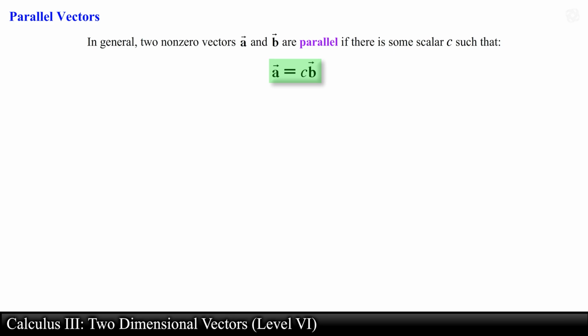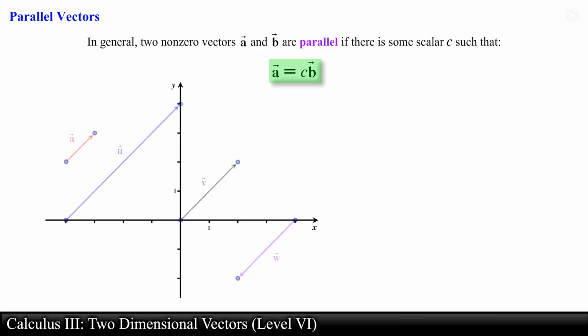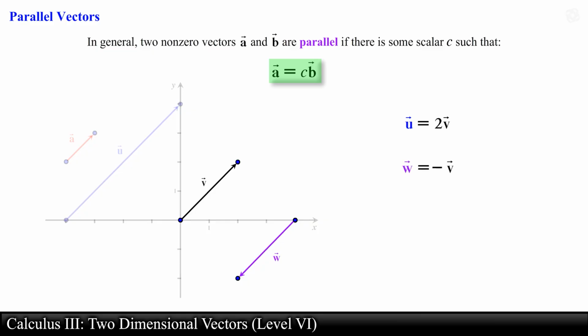In other words, two vectors are parallel if one is a scalar multiple of the other. For example, the following vectors are parallel to one another because vector u equals 2 times vector v, vector w equals negative vector v, and vector a equals 1/2 times vector v.